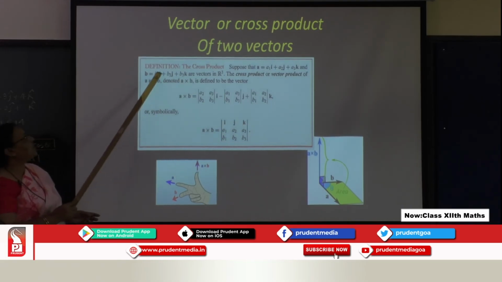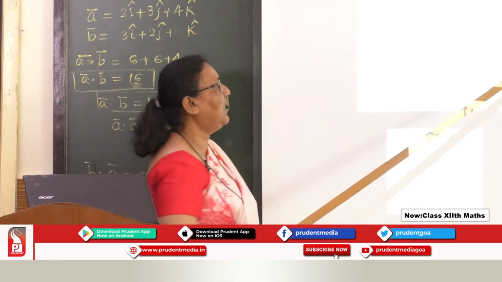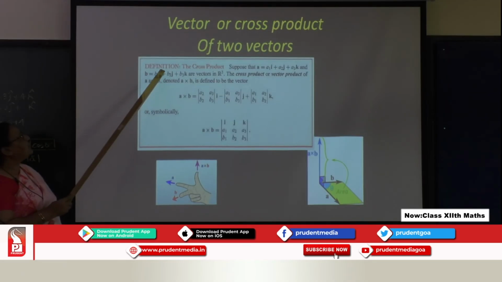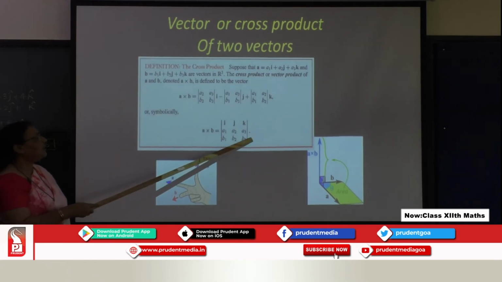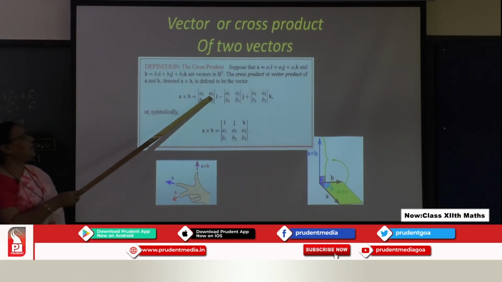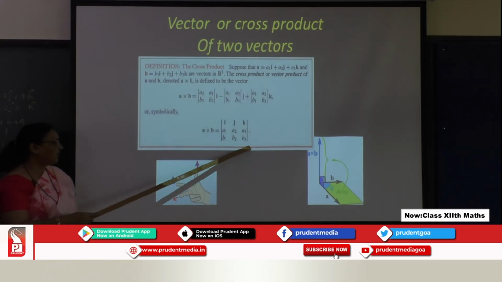Then the coefficients of vector A, that is a1, a2, a3, you write as the second row, and b1, b2 and b3 you write as the third row, and then you simplify. After that you will get this. So while simplification you have to write it as a determinant.